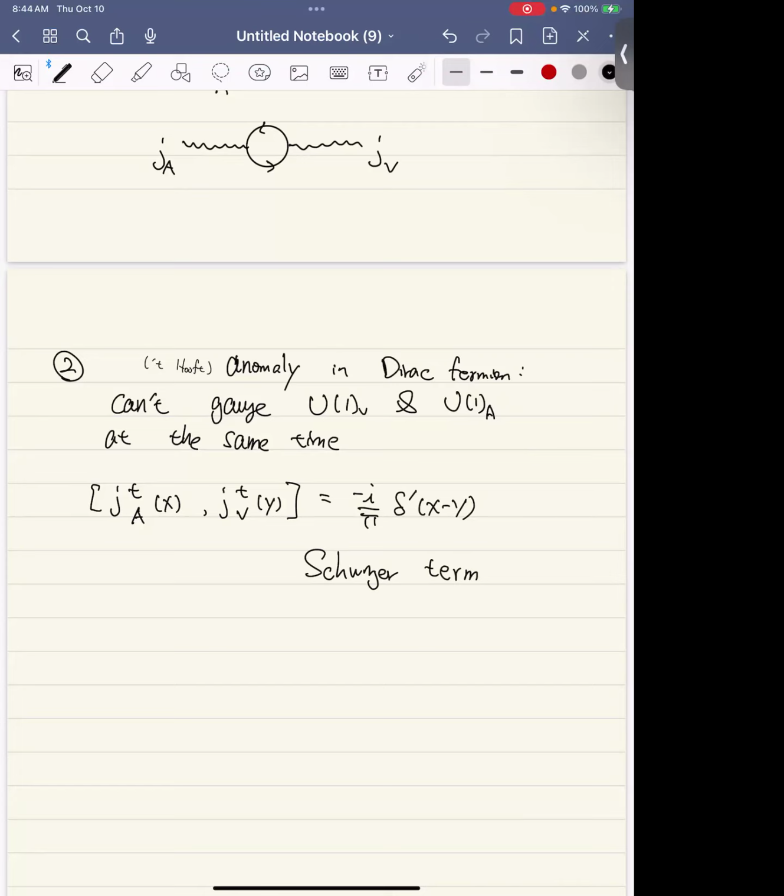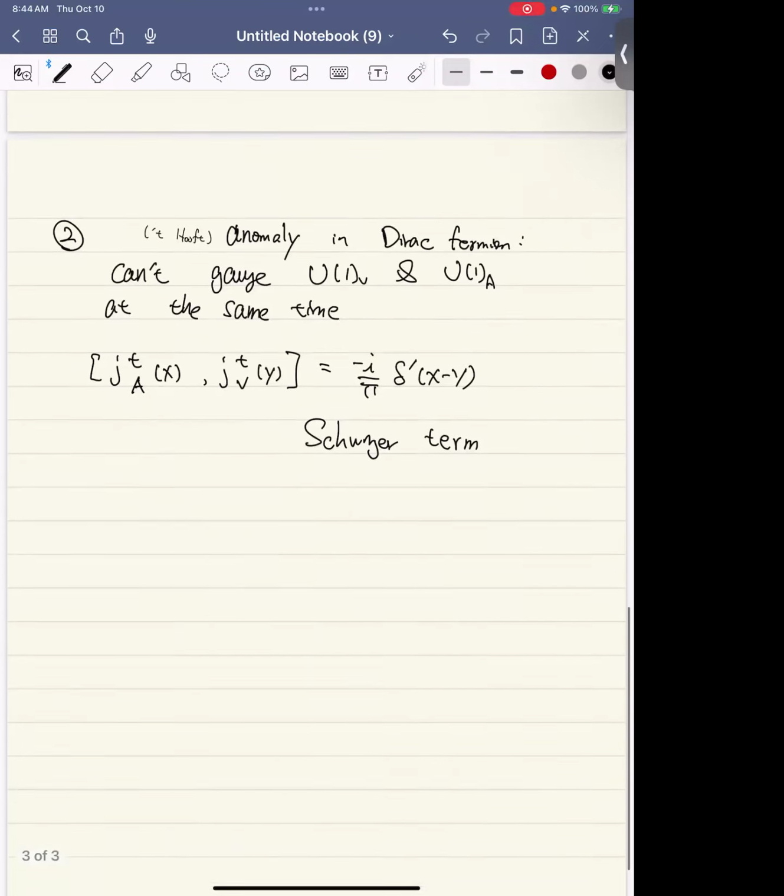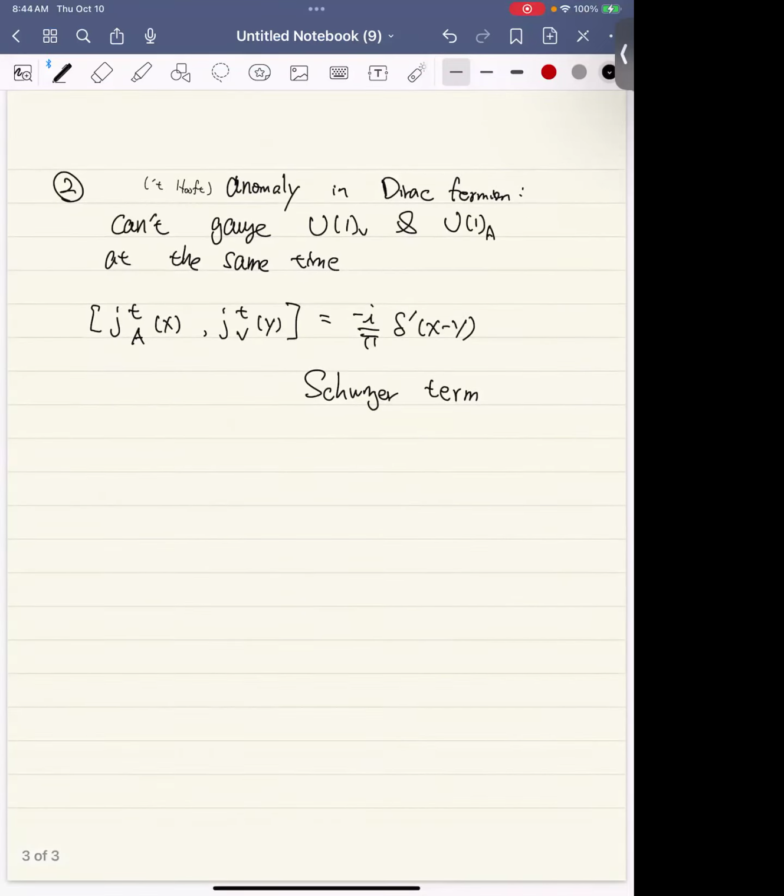Okay. All right. Any question up to this point? I think so far I have been only reviewing physics in the 60s or 50s. So isn't there a similar commutator between like J_0 and J_x, J_0 and J_1? Right. So J_t^A turns out to be proportional to J_x^V. Oh, okay.